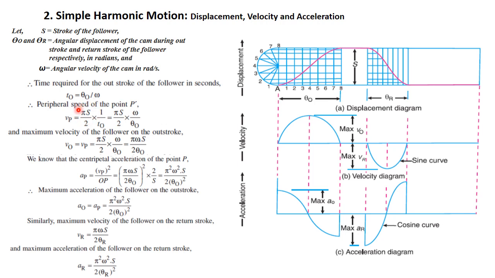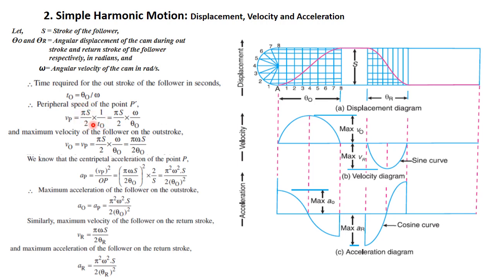Now what is pi s? Pi s is nothing but the circumference covered. Pi into s is nothing but the circumference of the circle with diameter s. Therefore half of the turn is nothing but pi by 2 into s. So pi by 2 into s into 1 by t naught.